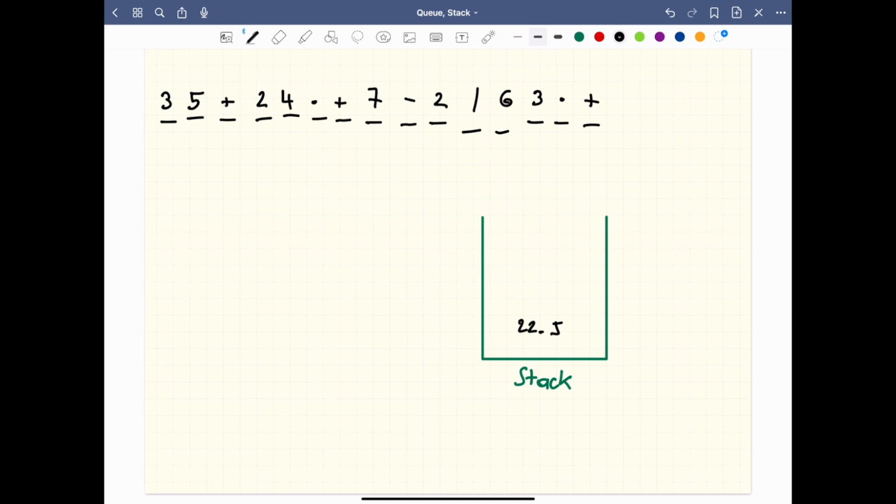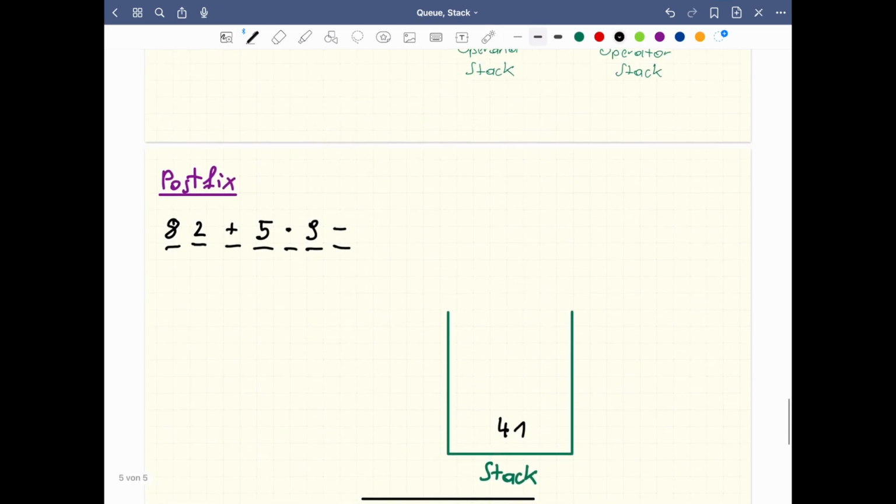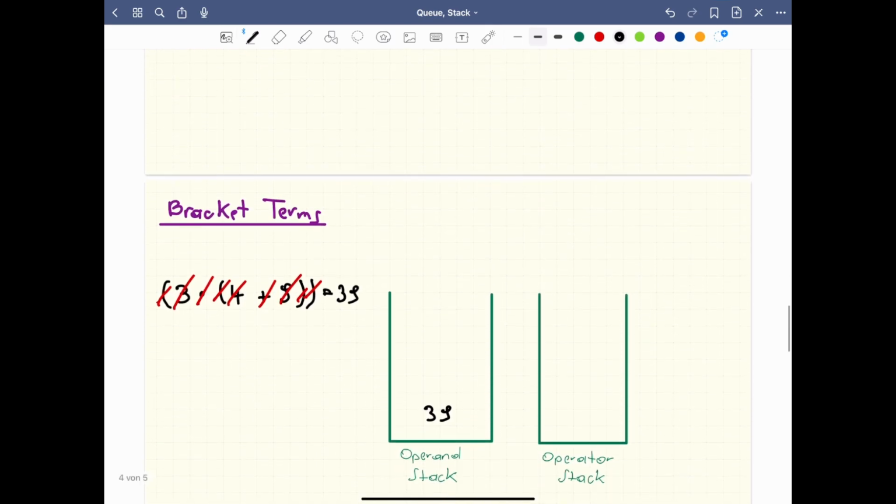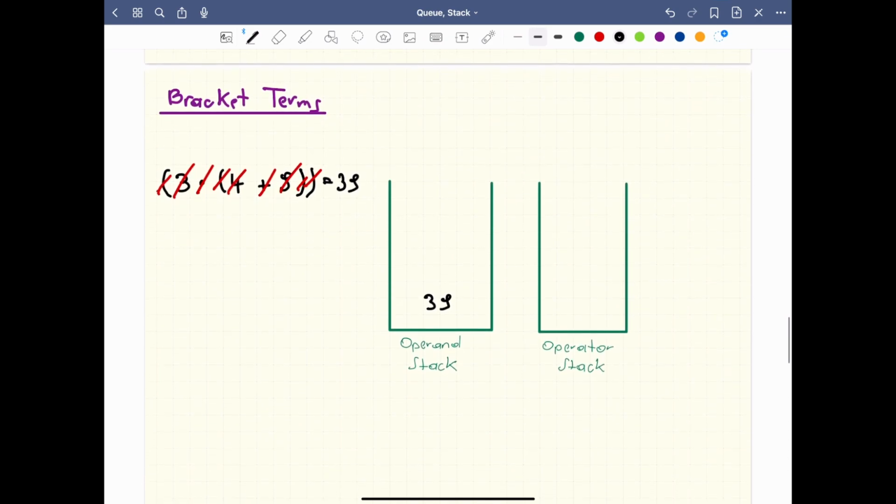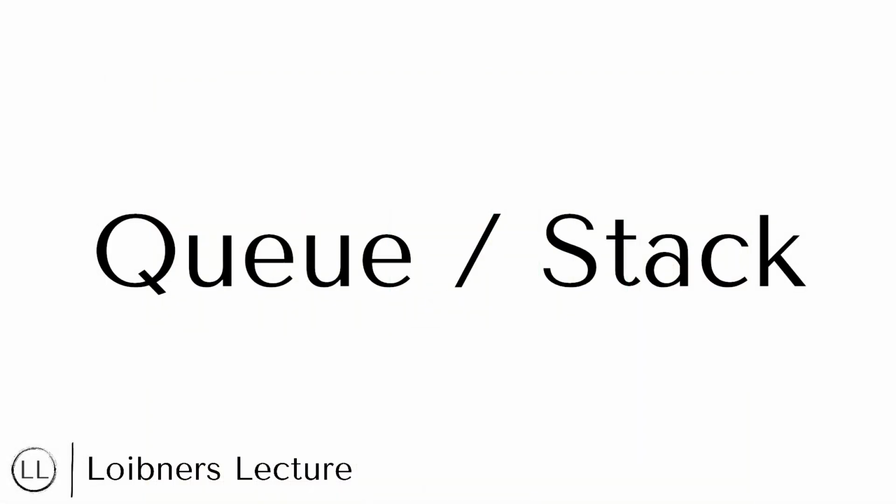Okay, guys, so these are the use cases of a stack. So the postfix notation as well as the bracket terms. Good, so this is already the end of this session about the queue and the stack.